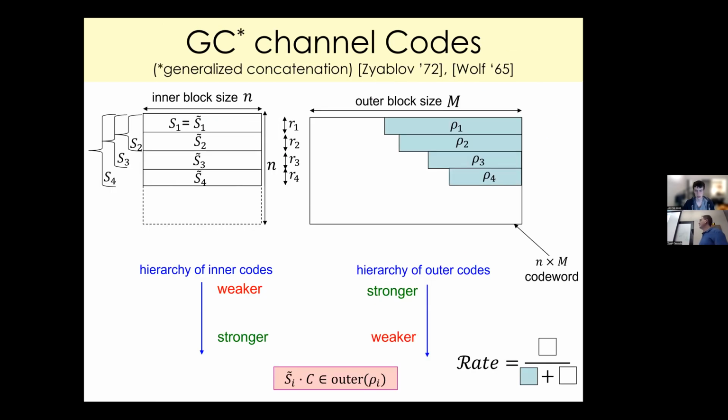Another useful background is generalized concatenation. It's a form of concatenation of codes that is more flexible than the classical concatenation. The reason I have to tell you about that is because our construction uses this form of concatenation. Basically, we represent our codeword as a matrix.